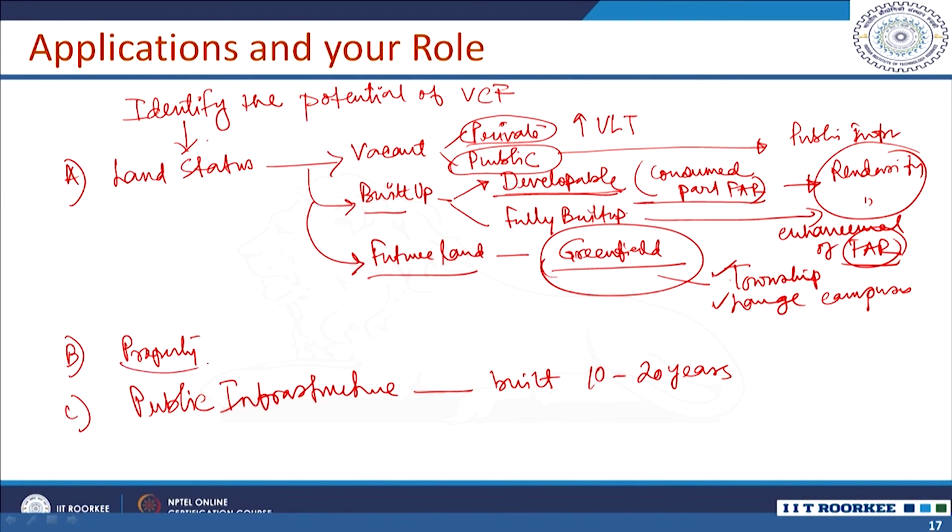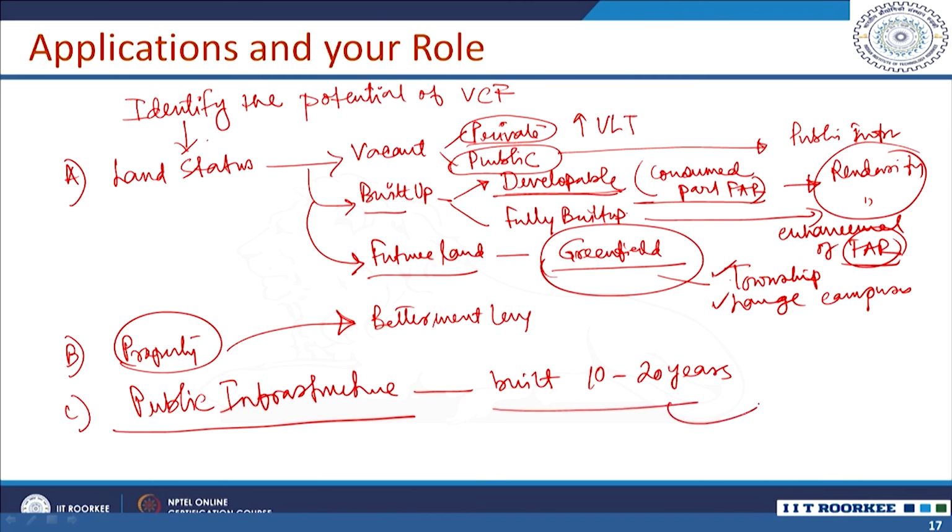And from the property you can definitely try the betterment levy. If you do any public infrastructure, definitely you can charge a betterment levy, and tax increment financing as well for the renewal project.